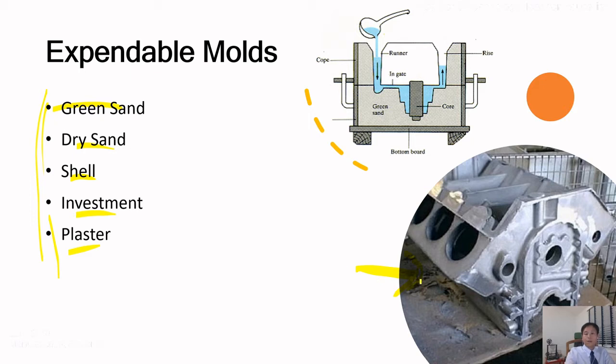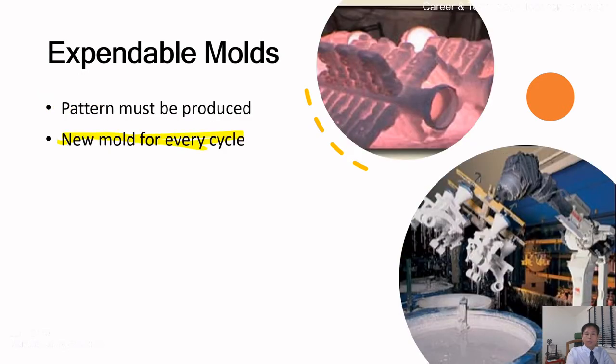So this model is produced by this mold, but this is just for one-time use. So each time we need to make the mold sample for this one. So that is expandable mold.